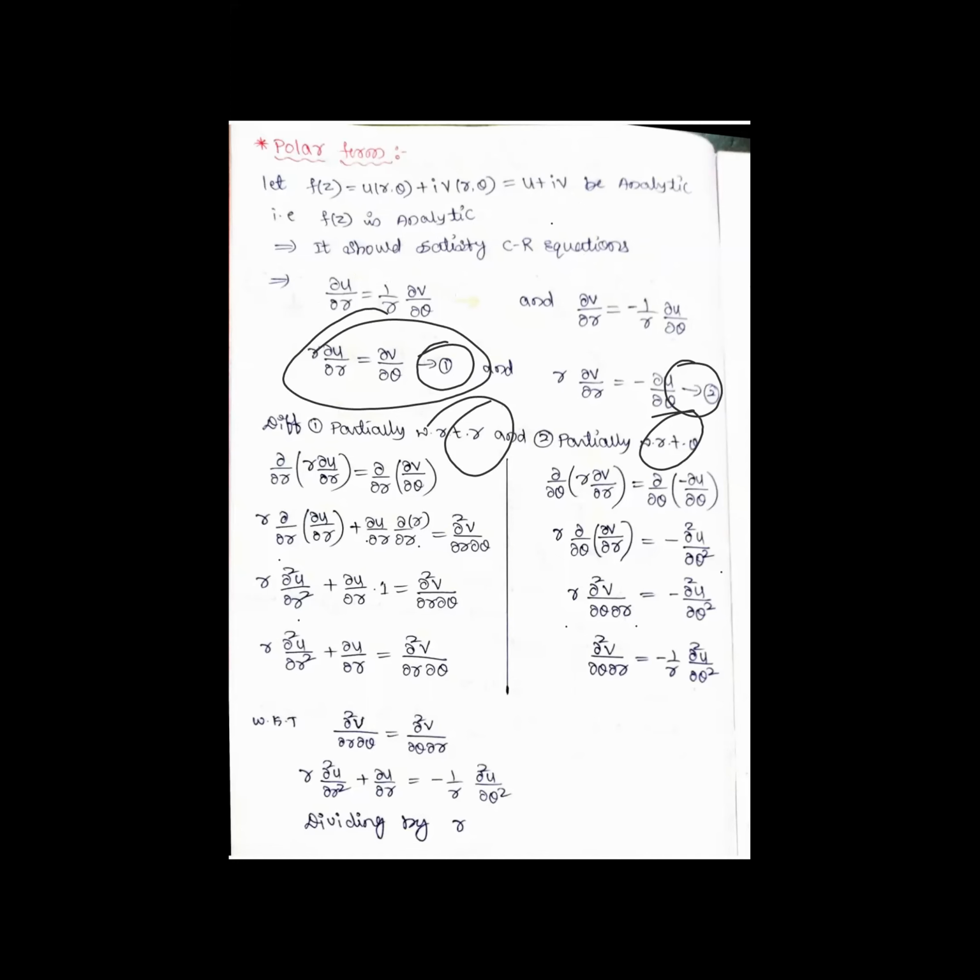Here, this is also a function of r, this is also a function of r, so we have to use the product rule: first function into differentiation of the second plus second function into differentiation of the first, equal to dou square v by dou r dou theta. Therefore, r dou square u by dou r square plus dou u by dou r, since the derivative of r with respect to r is 1, equals dou square v by dou r dou theta. After simplification, we are getting it like this.